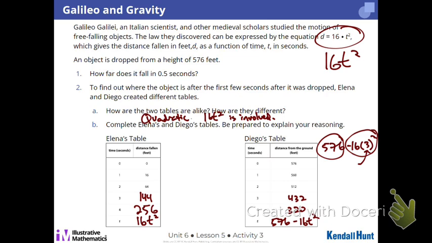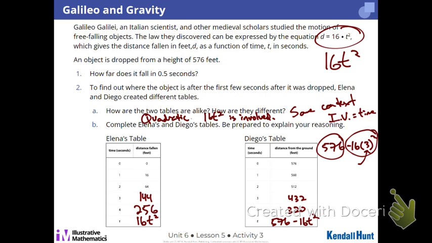I was looking for one of those layup ones here. Emmett, you got it? They both are talking about the same building in context. Okay, same context. I was looking for someone to say the independent variable is time in both, and the dependent variable is a distance in both, right?